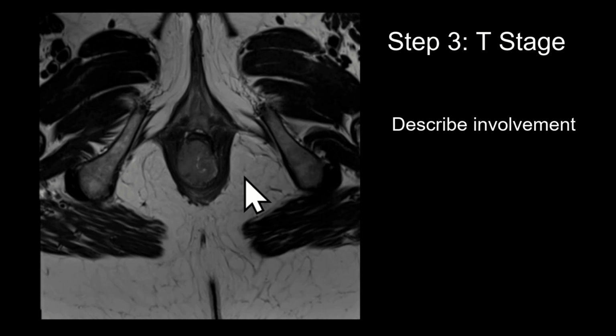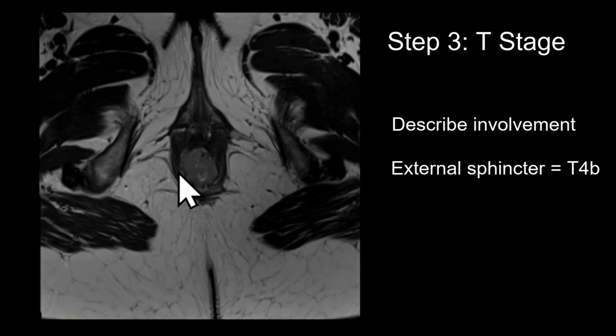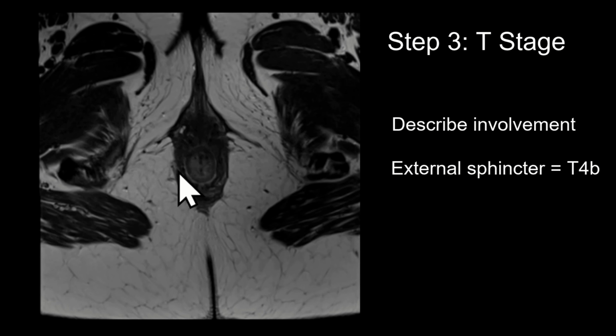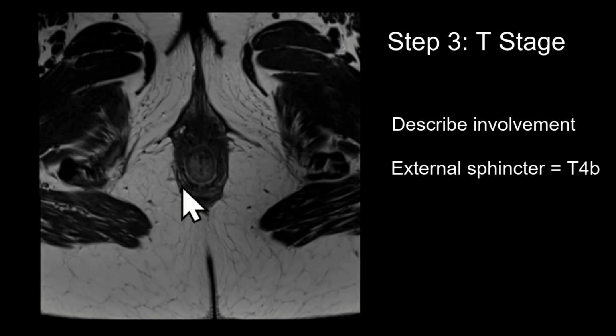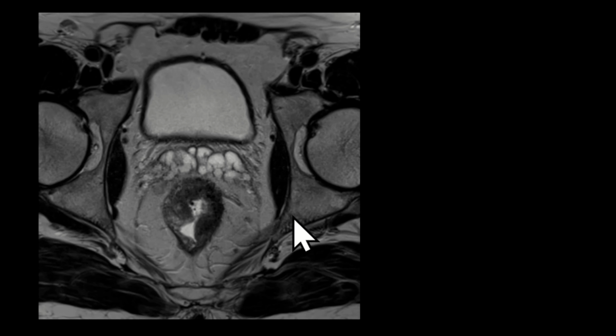And third, if the external sphincter is involved, this should be considered T4B disease. The reason for this is that pathologists consider any skeletal muscle involvement as T4B disease, and the external sphincter is composed of skeletal muscle.